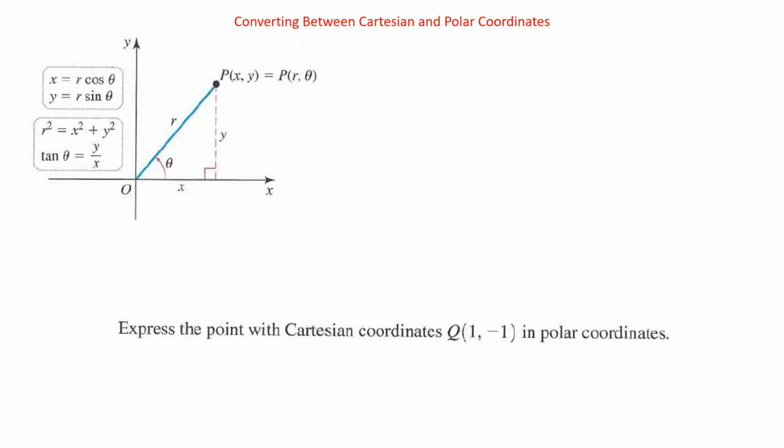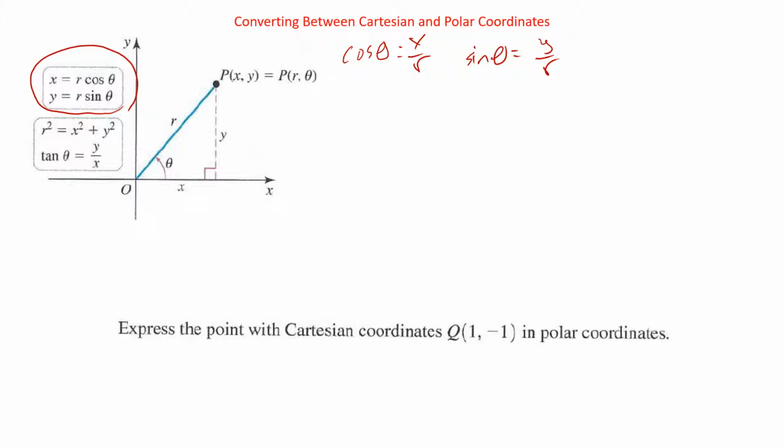We know that cosine theta equals x over r, and sine theta equals y over r. We multiply the r over to get x equals r cosine theta and y equals r sine theta.